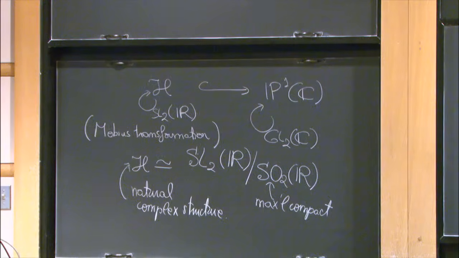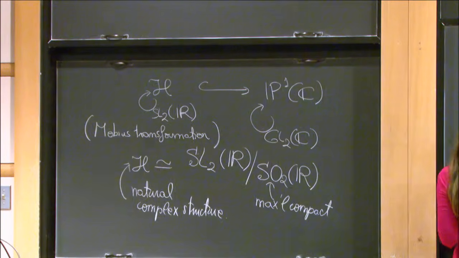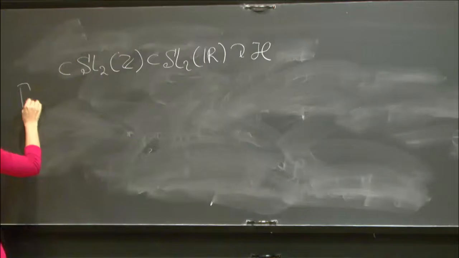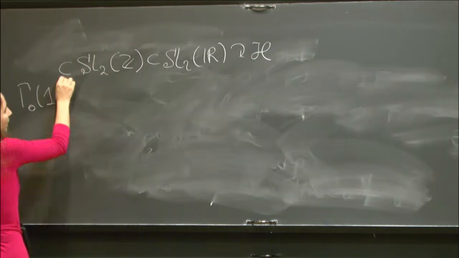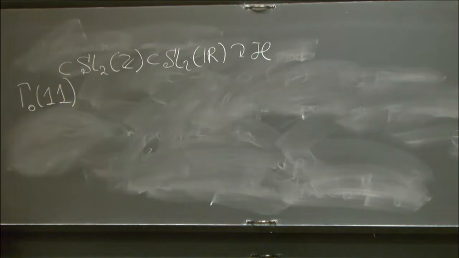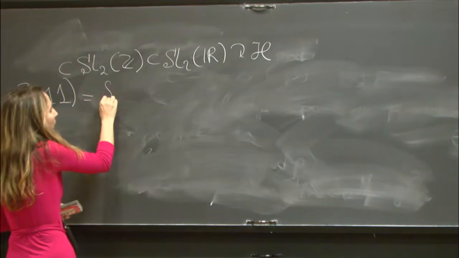So maybe I'll talk about the symmetries that F needs to satisfy. The symmetries are under the group, well, SL2Z lives inside SL2R, so it acts on the upper half plane. And inside here, you can define congruence subgroups. The particular one that I'm going to take is gamma 0, 11. This is a subgroup defined by a congruence relation.